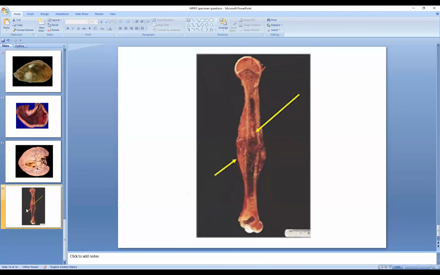Which age group is commonly involved in this disease? Sir, Ewing sarcoma is most common in adolescent age groups, like 10 to 20 years. What is the most common cause? Sir, translocation 11;22. How will you treat?